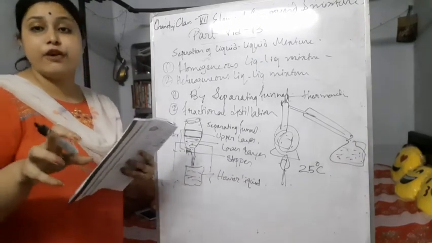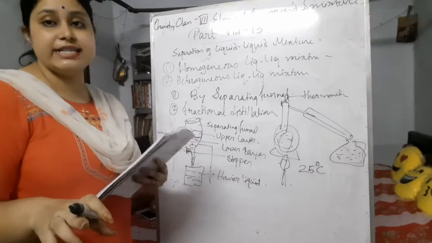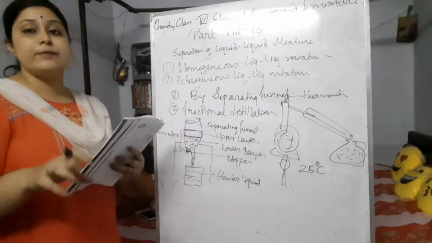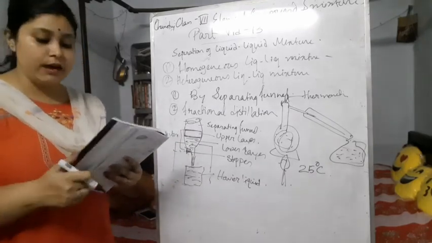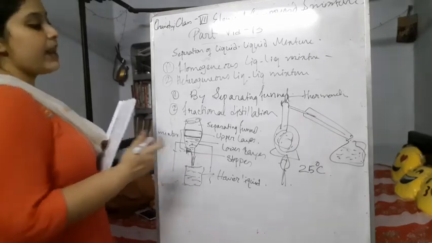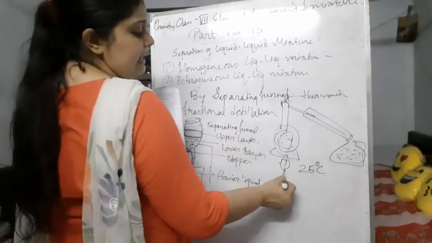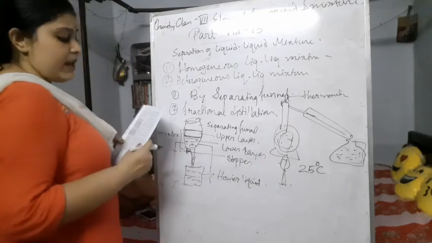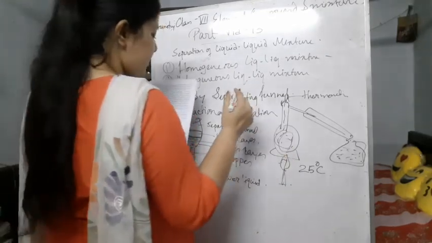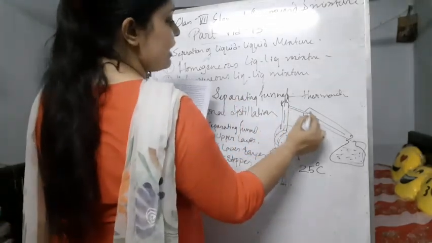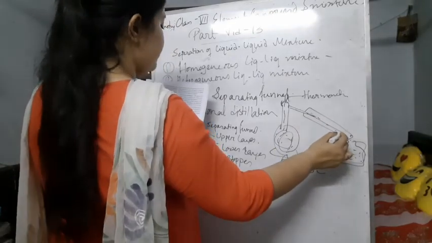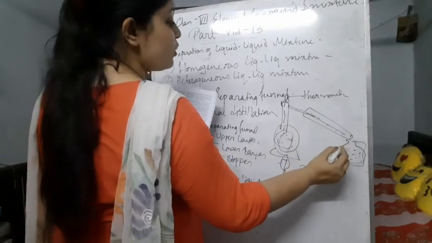The boiling point of water is 100 degrees Celsius, but the alcohol's boiling point is much lower. When we give heat, the vapors of the alcohol run from this part, and they are collected and cooled in these vessels.